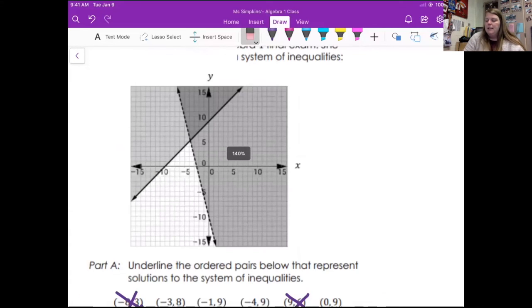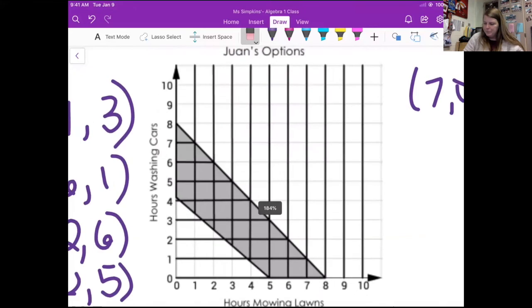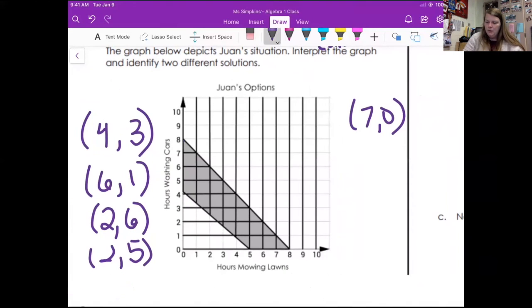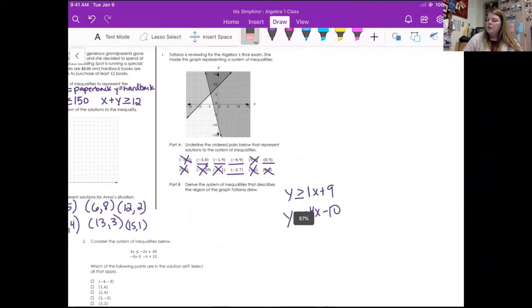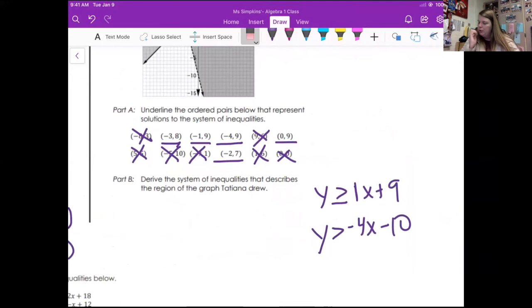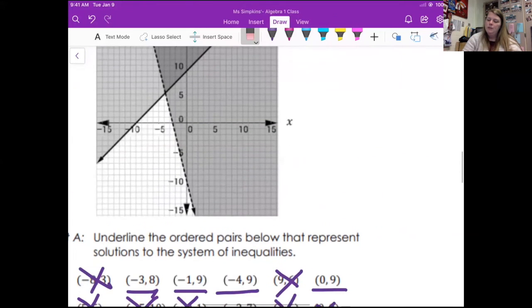If we went back to the first one, this line right here, he wanted to work less than 8 hours, so that's why it was below that, but he wanted more than the $50, so it was shaded above that line, and their shadings join between the two. However you want to think about it is fine with me. But those would be the two inequalities for this graph. y is greater than or equal to 1x plus 9, and y is greater than -4x minus 10. Yes. For the dotted line, because it goes down and to the right.